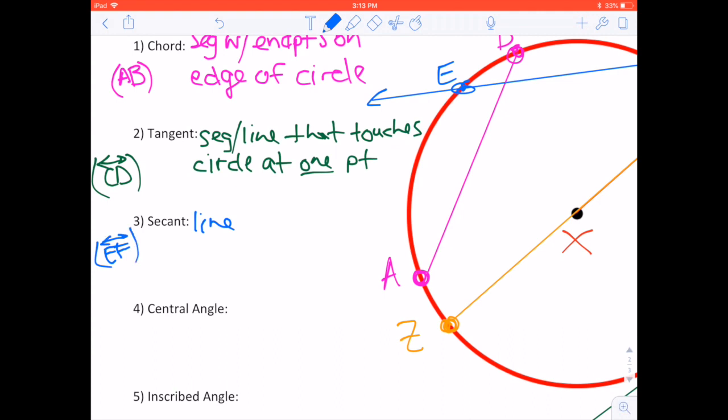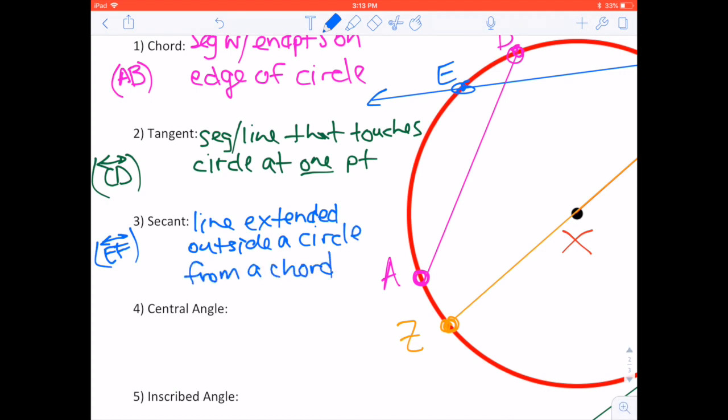And I'll just say a secant is a line extended outside a circle from a chord. So think of it as a chord extended as a secant line.